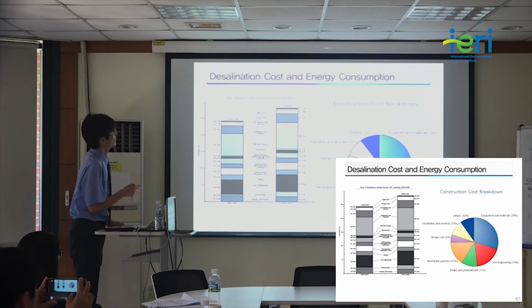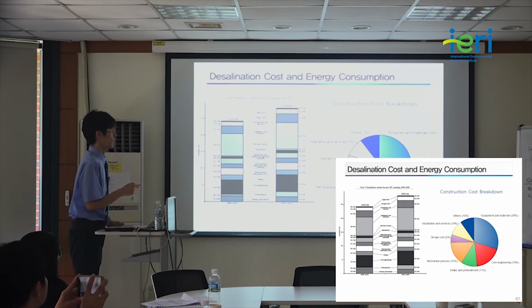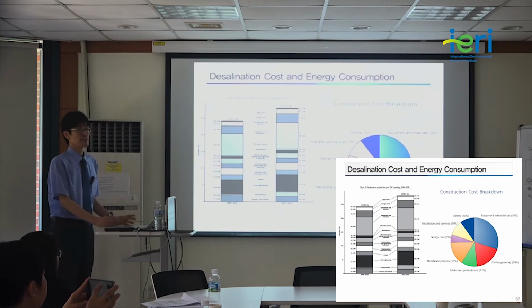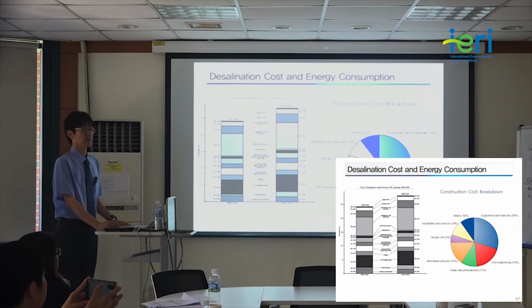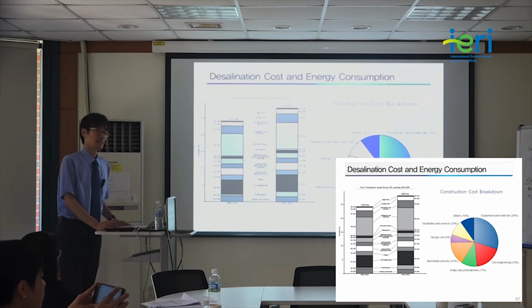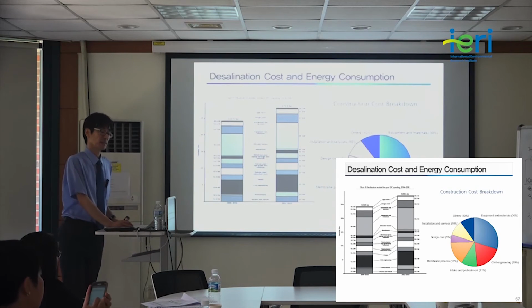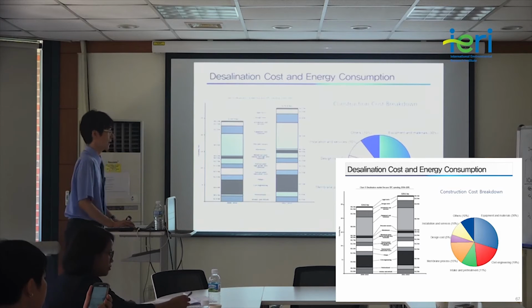When we consider the construction cost, we can break it down into several parts. If you imagine a seawater desalination plant, the first thing you may see is the equipment, such as pumps and ERDs or other mechanical devices.